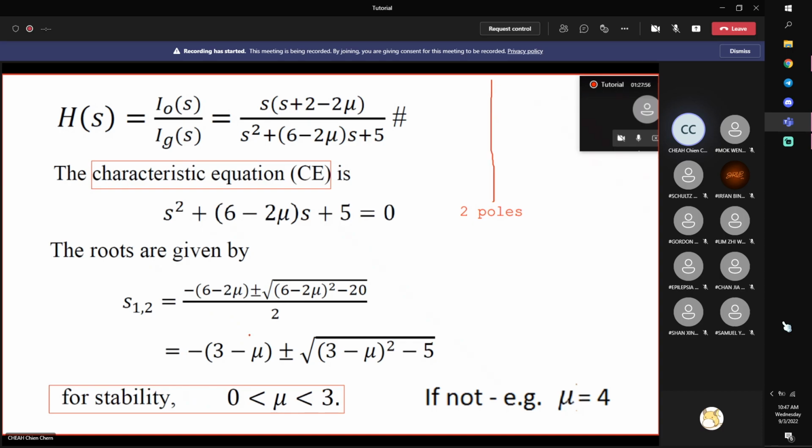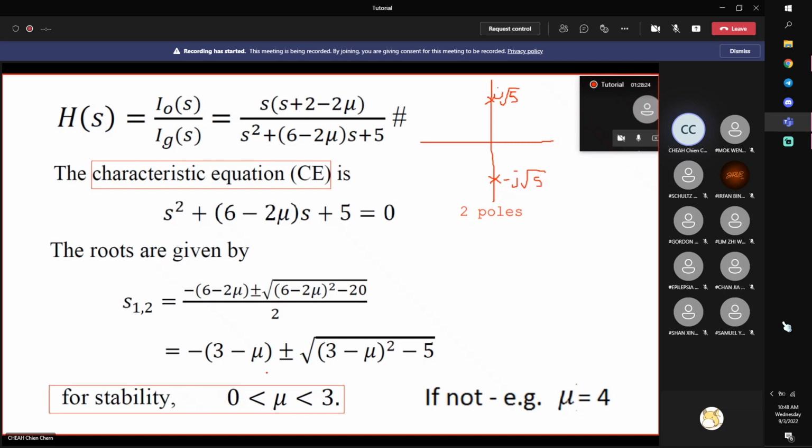I say again, you put mu equal to 3, then you are on the imaginary axis. Because here this is 0, then you have the square root of negative 5. The square root of negative 5 is j square root of 5, and the other one is negative j square root of 5.